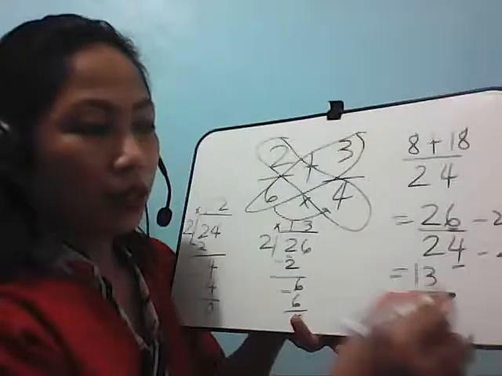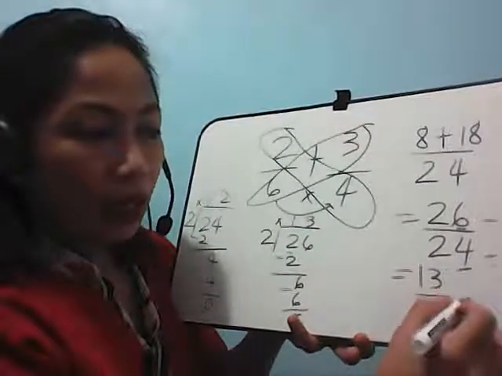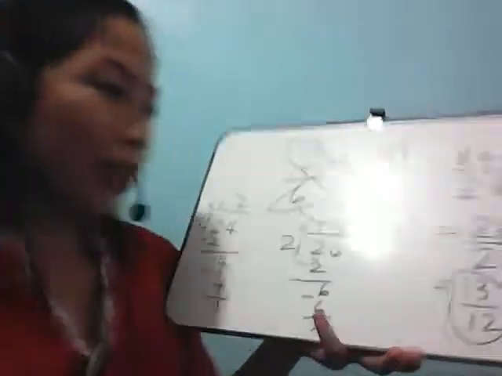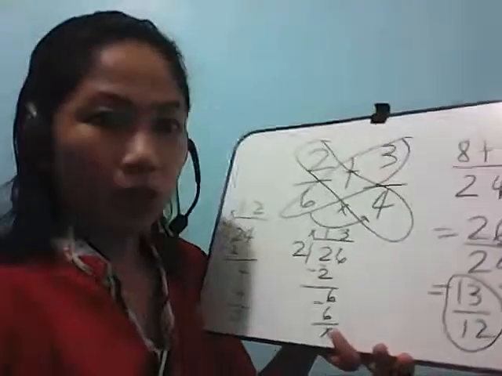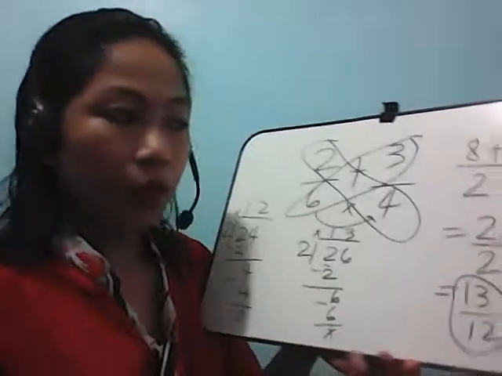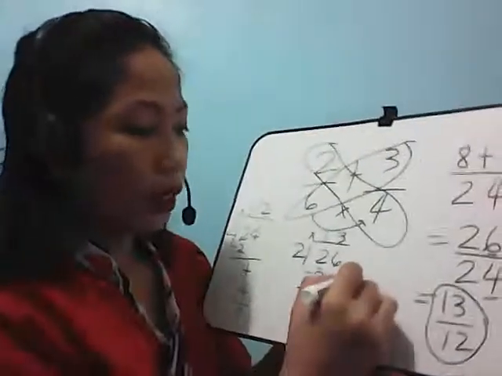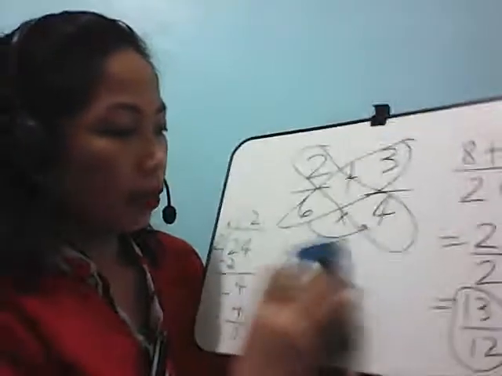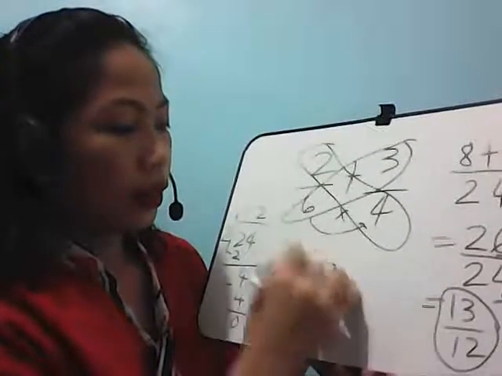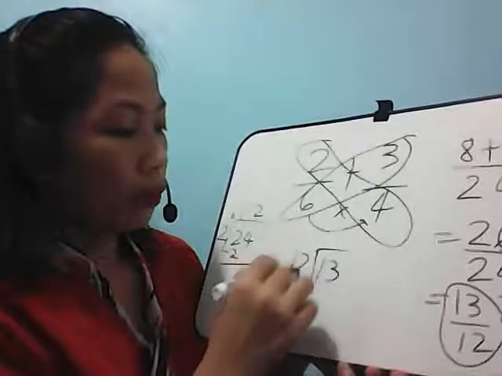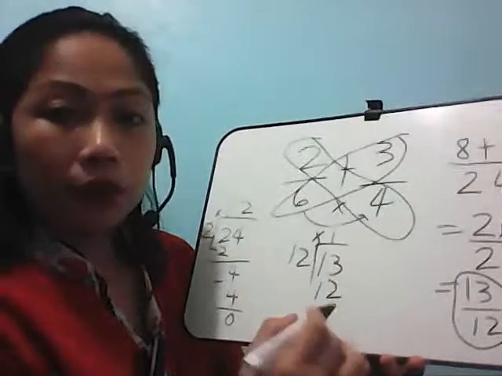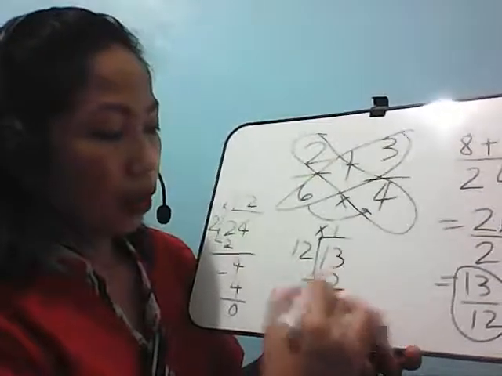Now, since our answer is an improper fraction, do we divide it, or can this be the answer? Other teachers will not accept that, so they have you divide to get the mixed form. Let us go. 13 divided by 12 is 1. 1 times 12 is 12. 13 minus 12 is 1.